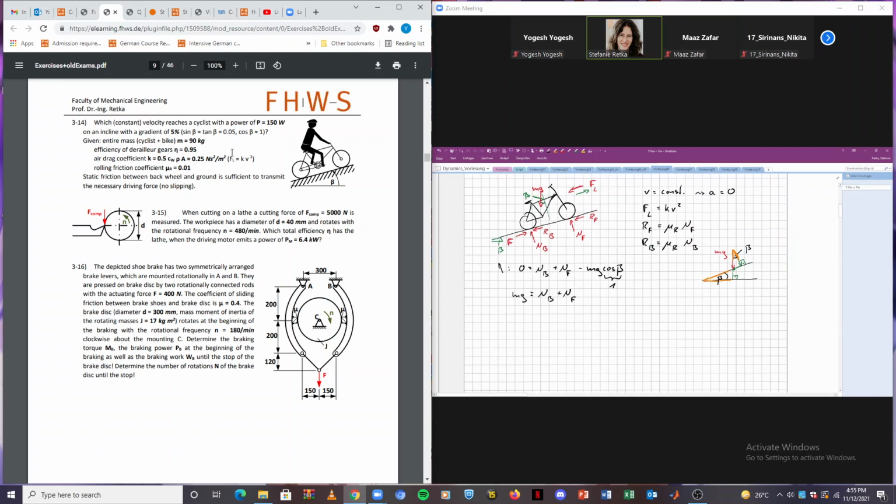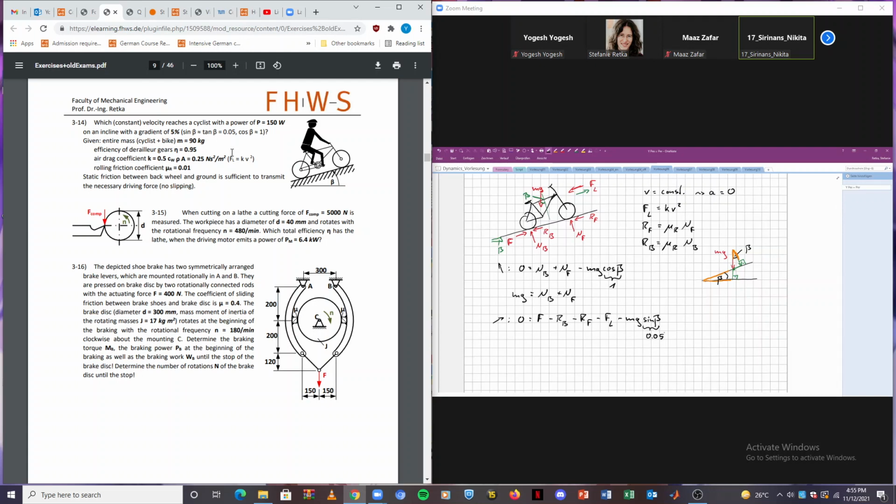And for the second equilibrium condition, parallel to the incline, we have 0 is equal to the driving force, minus the force of friction on back and front wheel, minus air resistance, and minus the component of gravity, sine beta. And again, as given in the problem description, sine beta is equal to 0.05, a 5% incline.